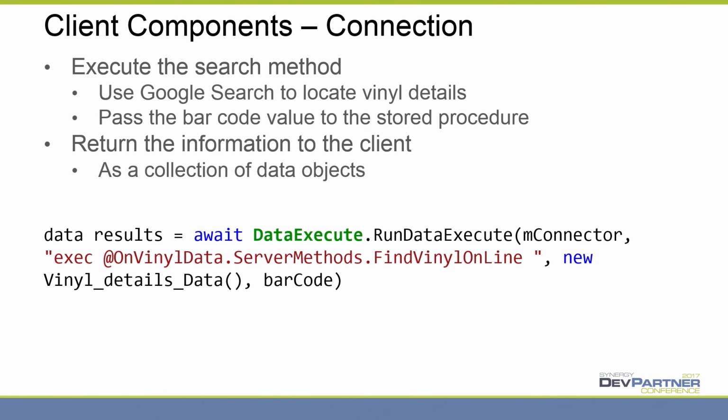Okay, so you create a new instance of VinylDetailsData. It doesn't use that. There's nothing in there that it will use. It won't interrogate the properties in there. It won't use values in there, but it does a GetType on the instance basically. And you pass in the barcode. And whatever arguments from barcode onwards, those are the arguments that will get passed through when it calls the method.